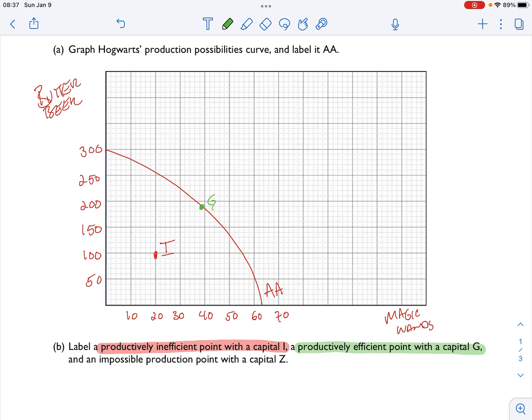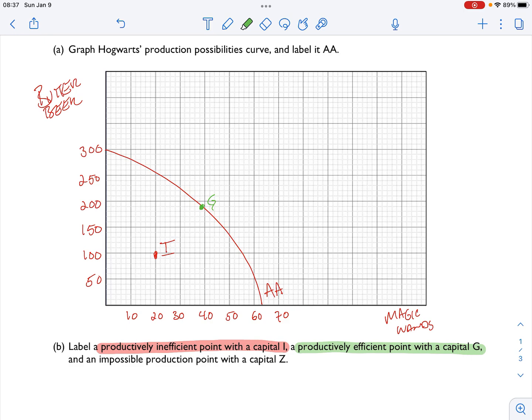The exact number doesn't matter. The point is that it's productively efficient because it lies on the production possibilities curve. What that tells us is that Hogwarts is using all of their available resources to produce as much stuff as they possibly can. Any point along the PPC is productively efficient.